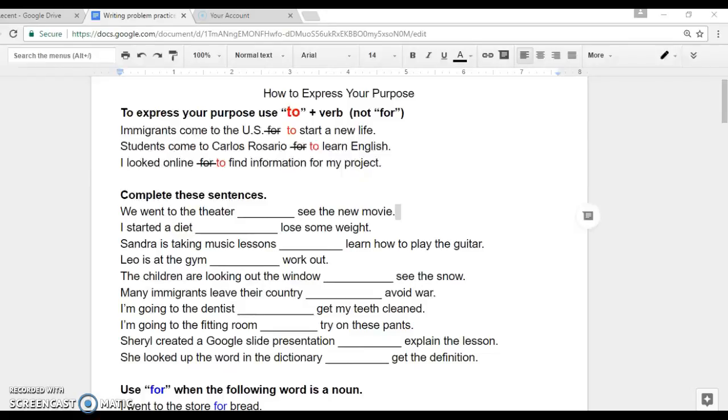Again, not for. So just to reinforce this, I want you to complete these sentences and notice that what follows to is the base form of the verbs. So go ahead and do these activities, and it's pretty obvious what you need to do. So you're doing this just to reinforce this, and the repetition will be good for your brain.